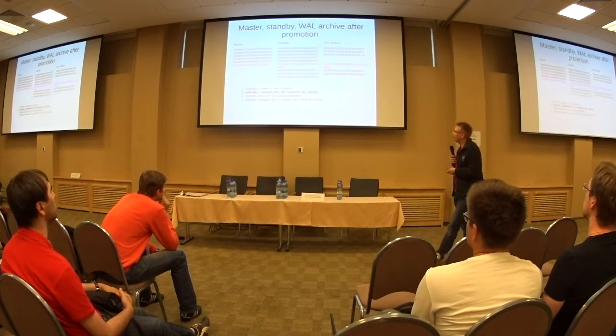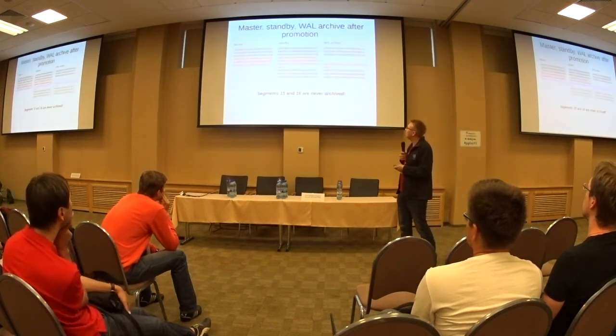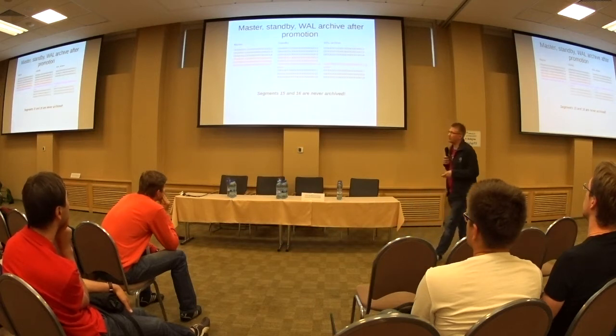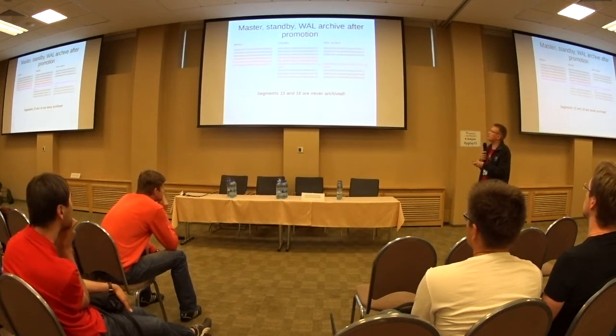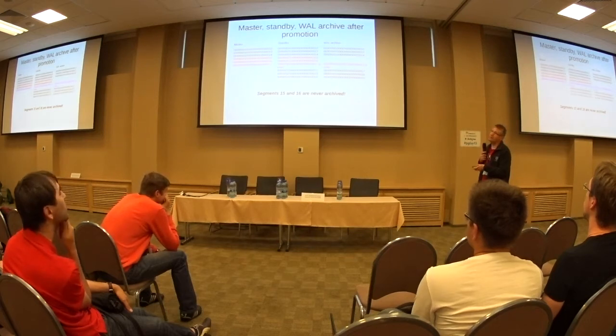So the second problem we have with this whole setup is that these two files are actually missing from the archive. What happened here? If the master had not archived segments 15 and 16 yet, but they were already streamed to the standby, and then the standby starts archiving here, and the master crashed here, you have a gap here.